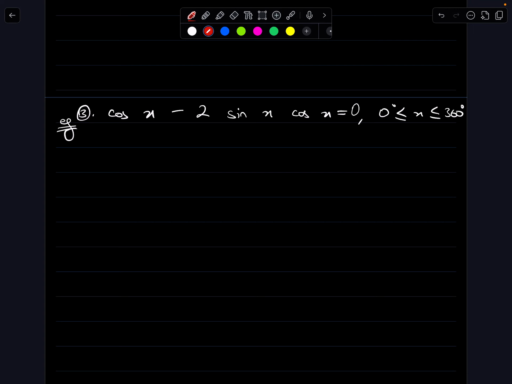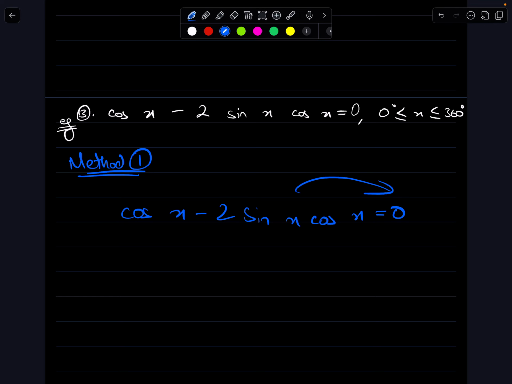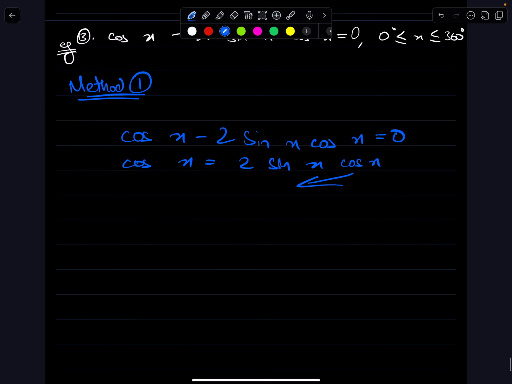Again, let's just say I do this with both methods. The first method is cancellation, which I won't advise because there's always a chance of making a mistake. So I shift this to the right hand side. So my equation looks something like cos x is equal to 2 sin x cos x. So I'll shift this cos x to the other side to be multiplied to become the denominator instead.